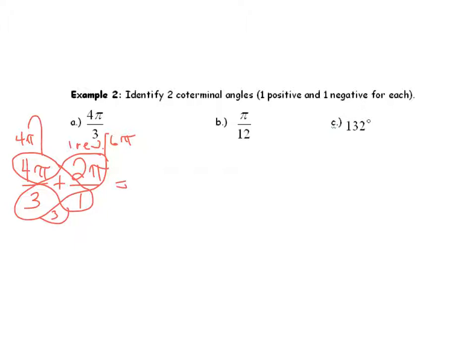So if I'm adding these, 4 pi plus 6 pi is 10 pi. And then the butt just comes along for a ride. So that's 3.